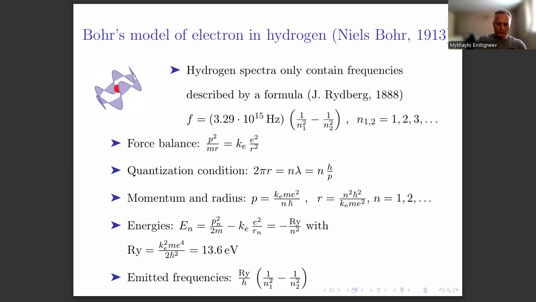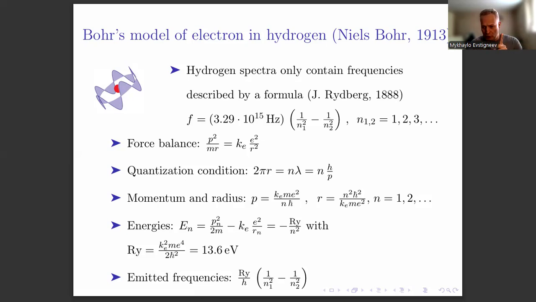So that's Coulomb's law. And now the centrifugal force is known from elementary mechanics. It's mass times velocity squared divided by the orbit radius, or momentum squared divided by the product of mass and orbit radius. So that's the first equation.